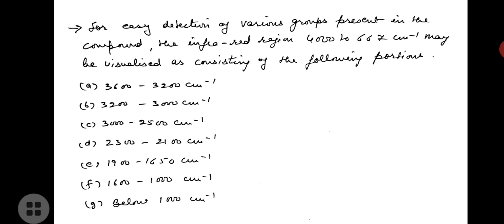A strong band at 770 to 730 cm⁻¹ shows monosubstitution. Ortho and para disubstituted compounds show one band each, and meta disubstituted compounds are usually recognized by two medium bands in the region 850 to 710 cm⁻¹.